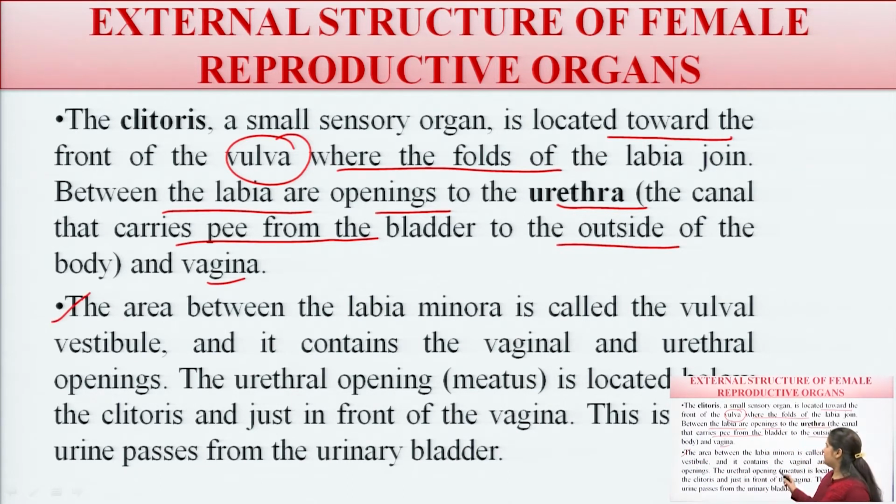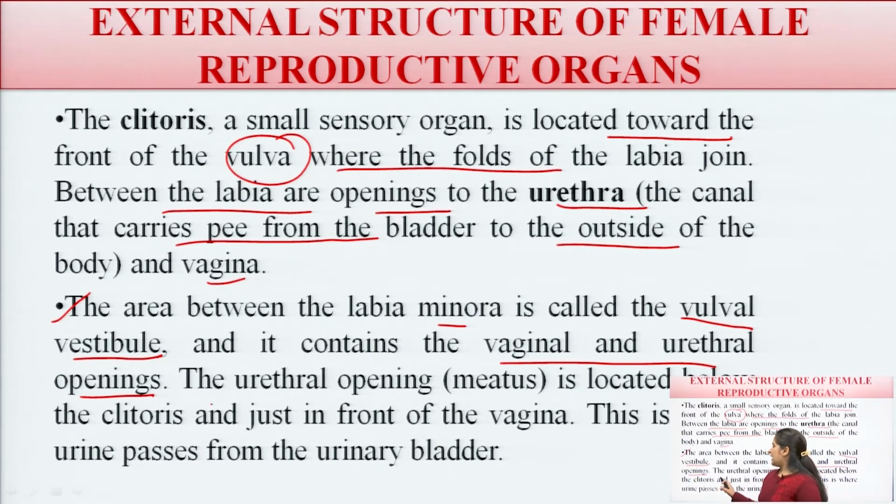The area between the labia minora is called the vulval vestibule and it contains the vaginal and urethral openings. The urethral opening is located below the clitoris and just in front of the vagina. This is where the urine passes from the urinary bladder.